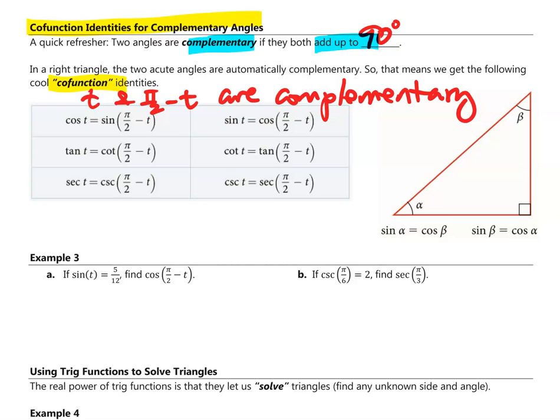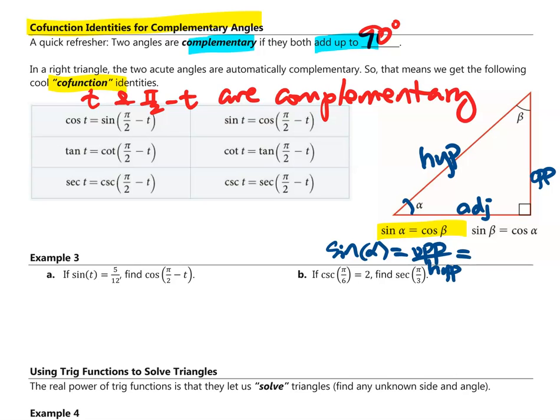If we want sine alpha, if this is our angle alpha, meaning this is the opposite side, this is the adjacent side, and this is the hypotenuse, we know that sine alpha, from SOHCAHTOA, is opposite over hypotenuse, and we note that this is our A, this is B, and this is C. So opposite over hypotenuse is B over C.